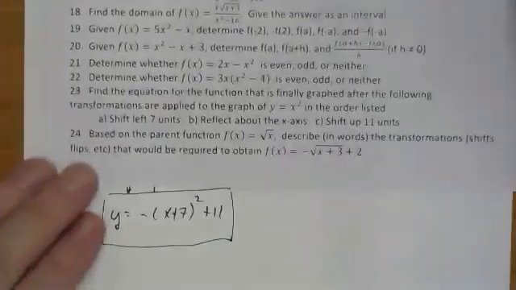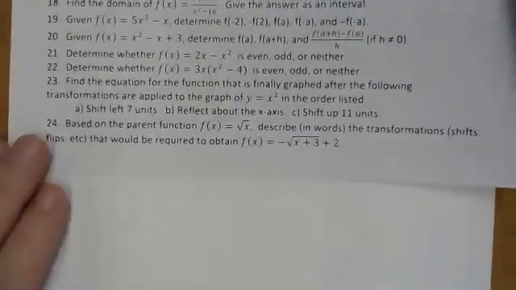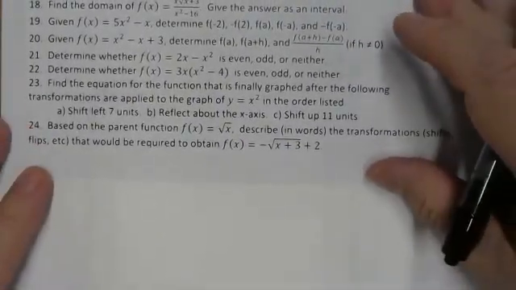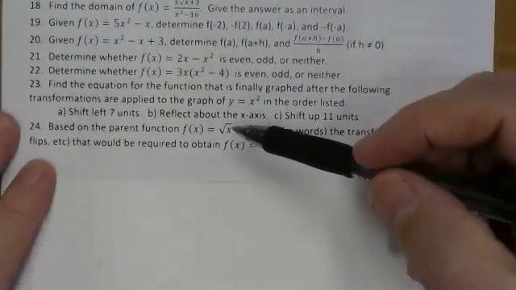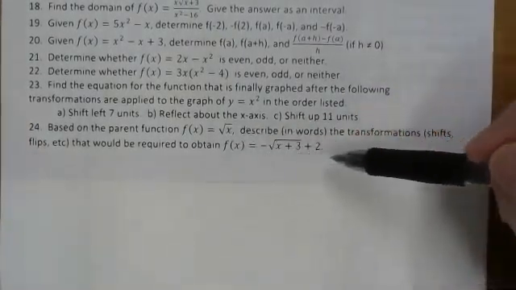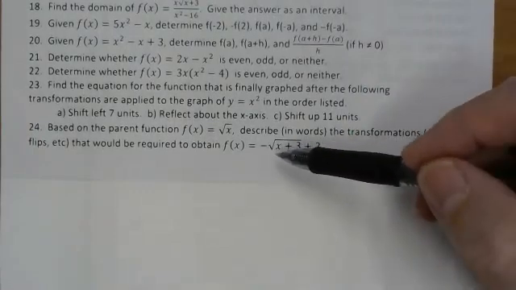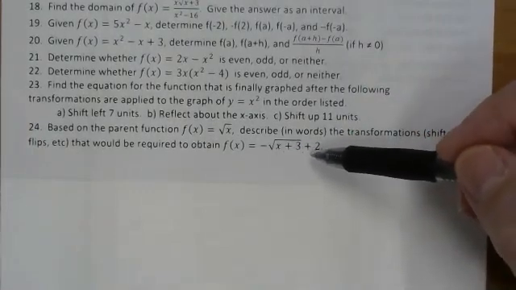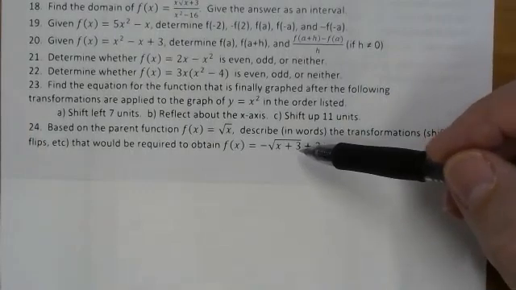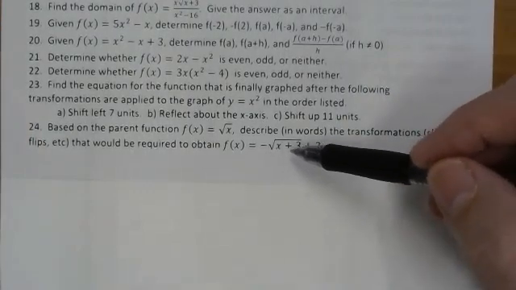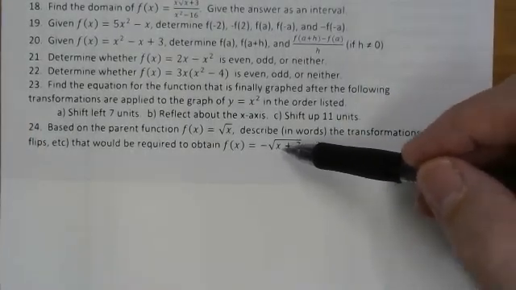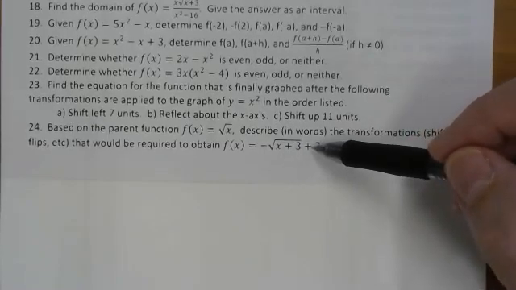Now here's one where you do the opposite. They tell you the parent function. Now they give you the final equation and ask you what had to be done, or what's the effect of having a final equation like this.